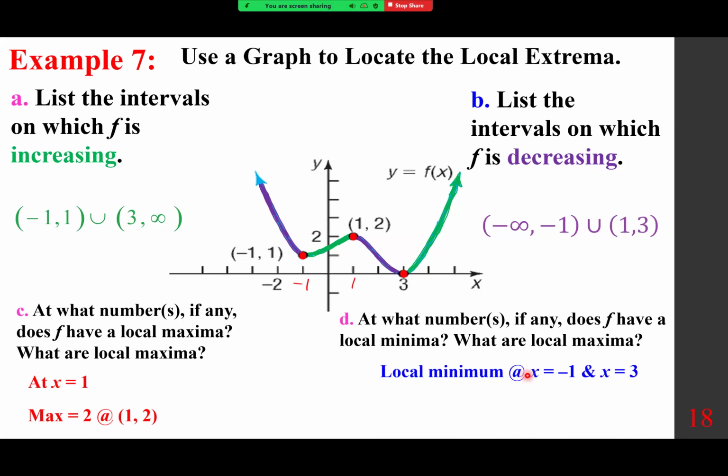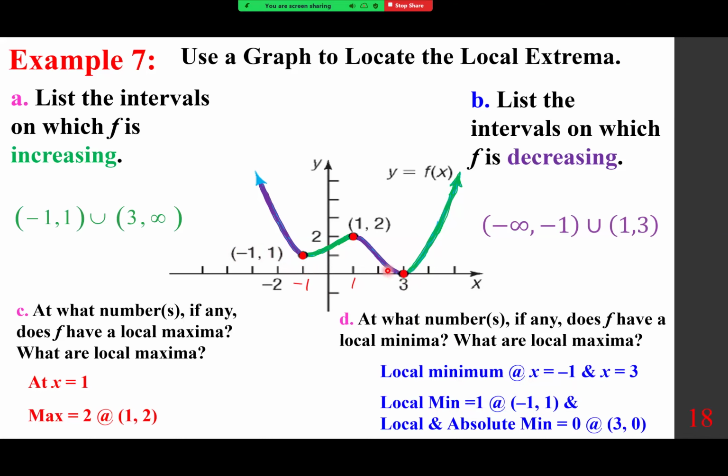So local minimum takes place at x equals -1 and at x equals 3. And the way we write it, local minimum is equal to 1 at this pair -1, 1. This one is local, also absolute.